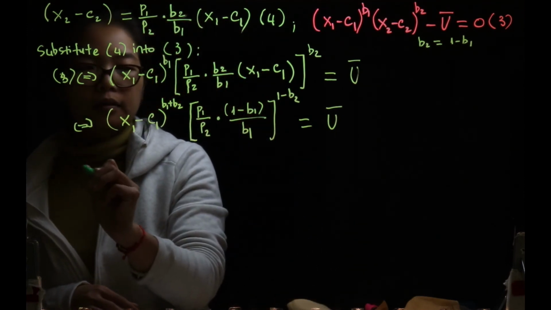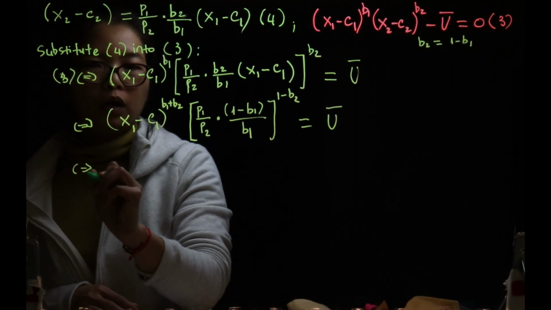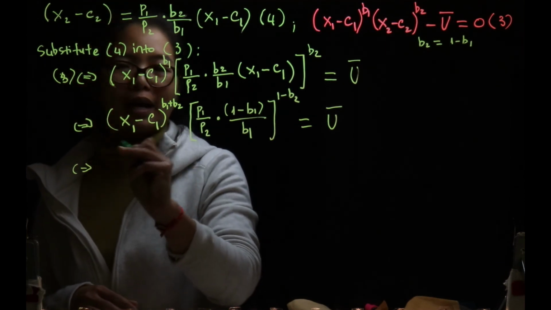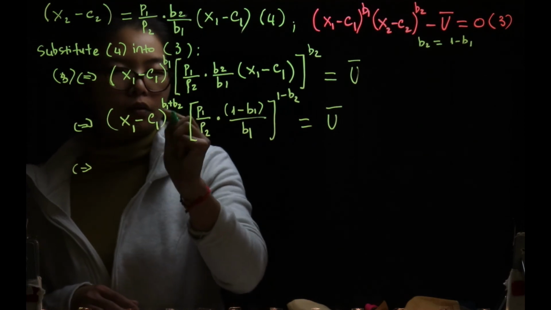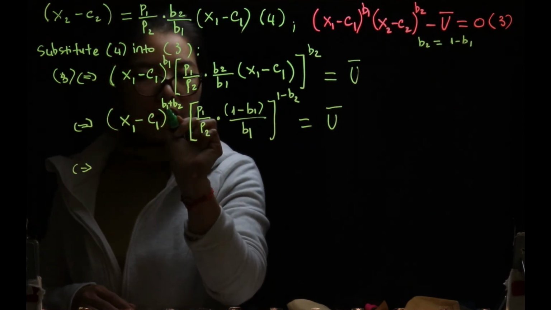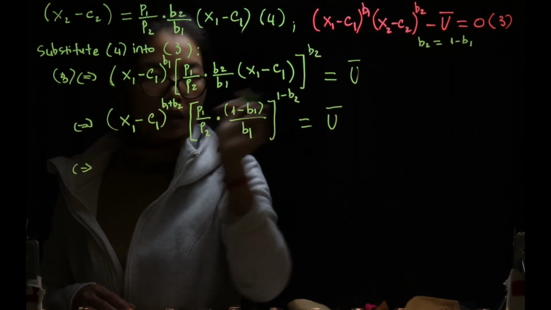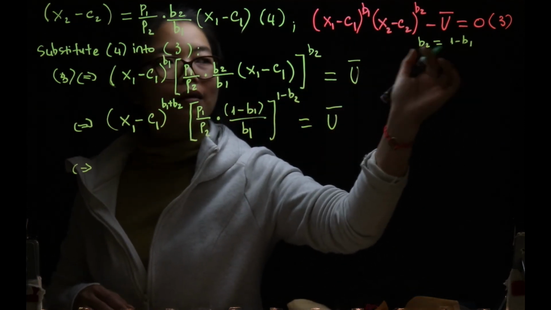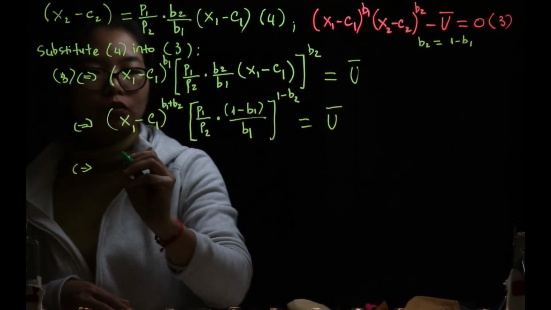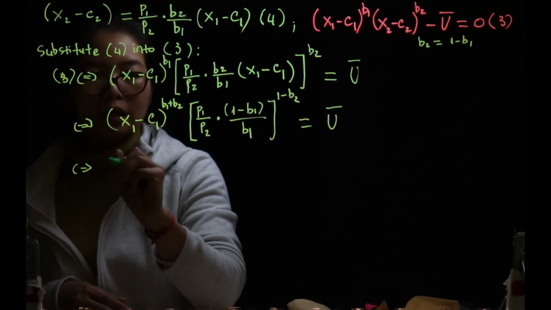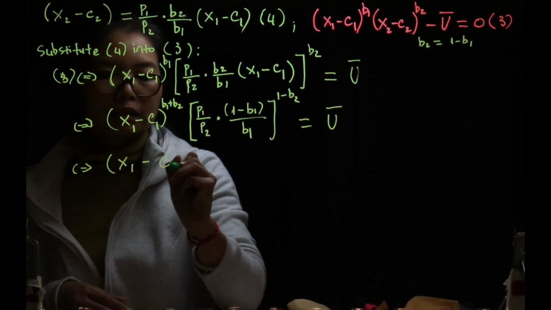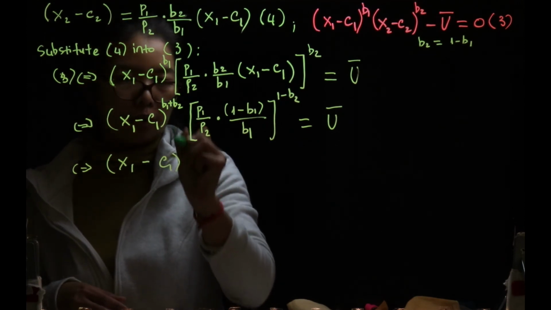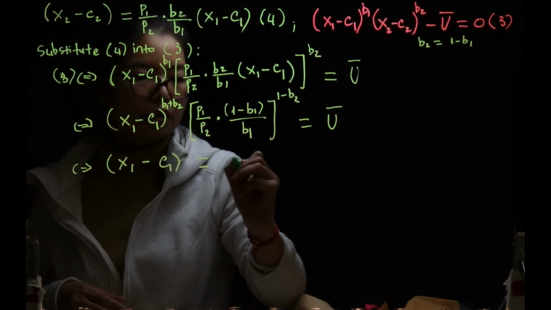And then we want to solve for x1, right? And here the remaining is x1. And because b1 plus b2 is 1, right? So this you could write as x1 minus c1 to the power of 1. Don't have to write it again.